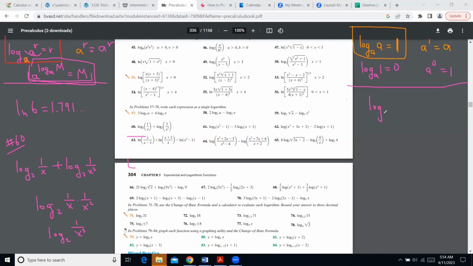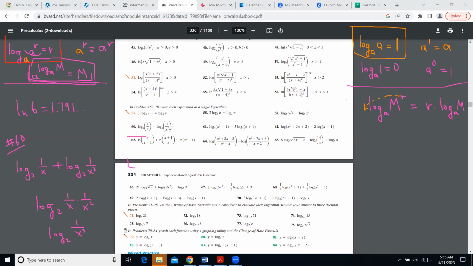If we have logarithm of base a, and we have some kind of number m raised to the power of r, then this power of r could be multiplied by our logarithm. In other words, the power you can bring in front as a factor. So you drop down the power of logarithm.